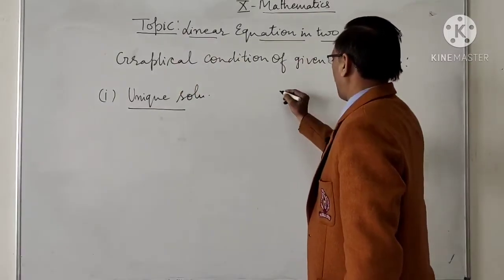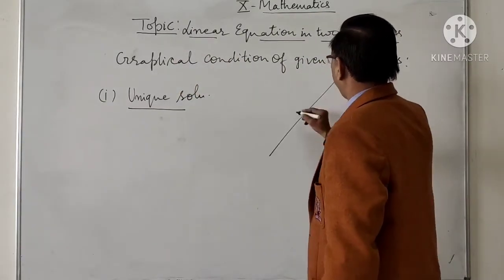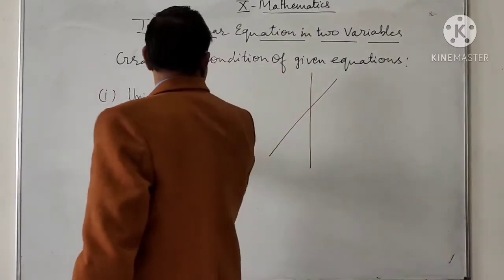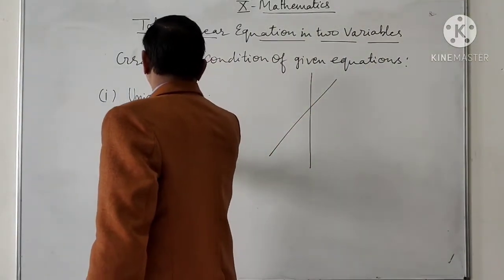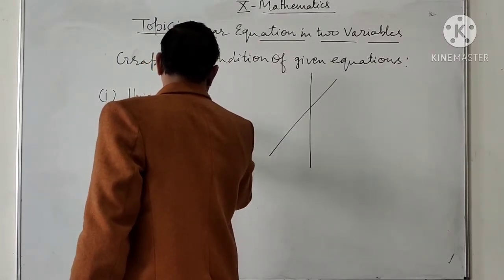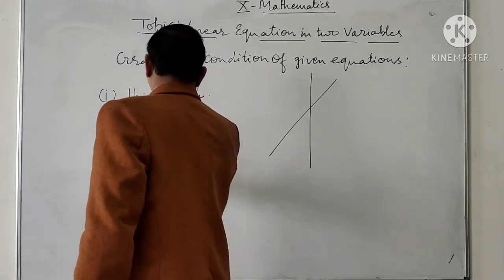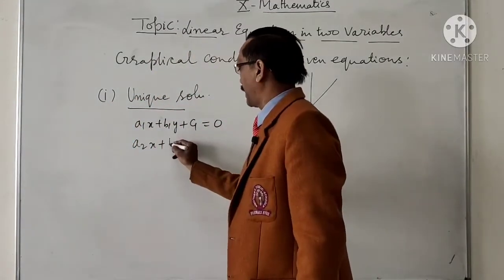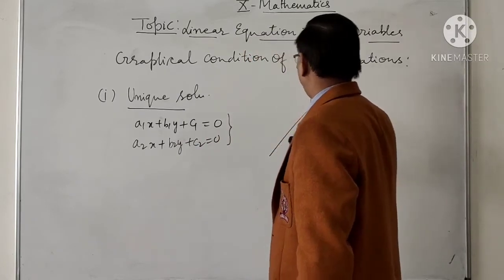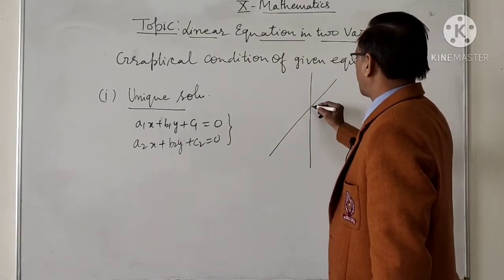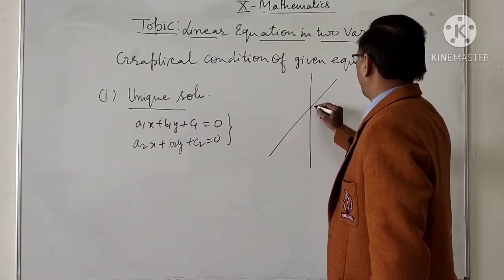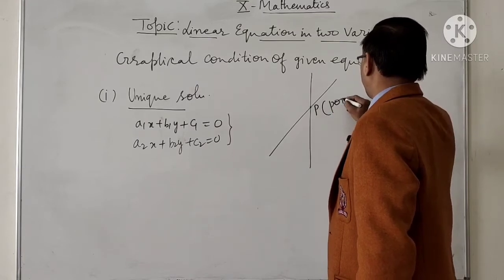If we draw the graph of the given equations a1x plus b1y plus c1 equal to 0 and a2x plus b2y plus c2 equal to 0, then these two lines intersect at one point, the point of intersection.